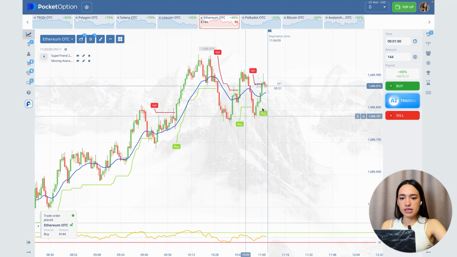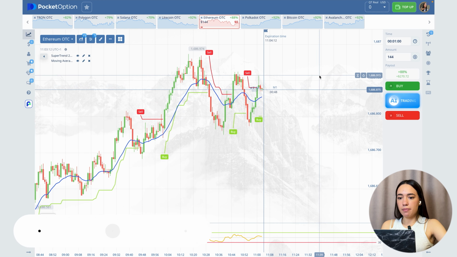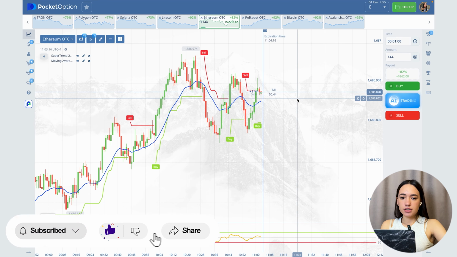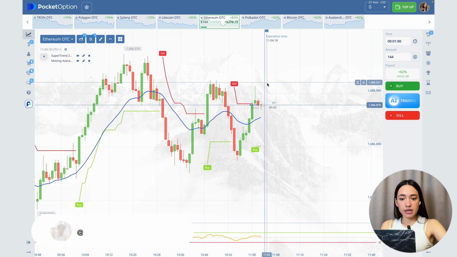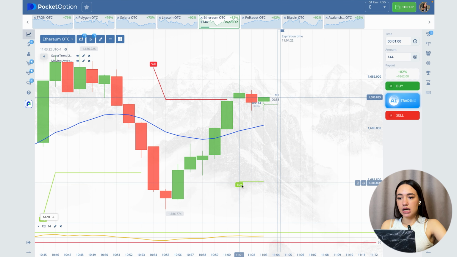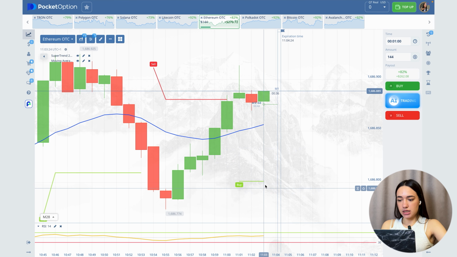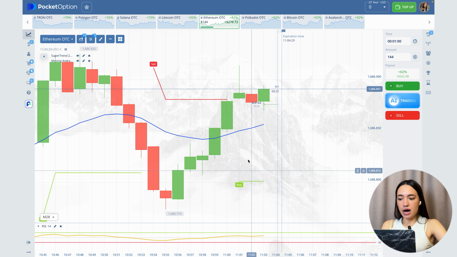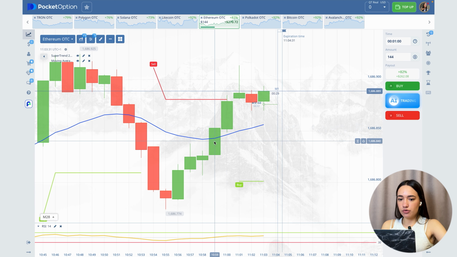On this next asset, I'll be opening a buy position, following the current bullish trend, and this entry comes after a small pullback in the form of two candles. As you can see, the SuperTrend is showing a buy signal. It has just appeared recently.